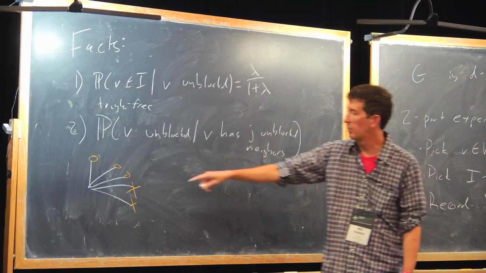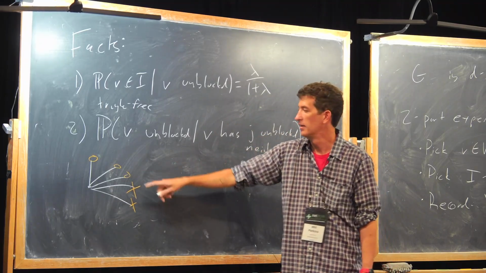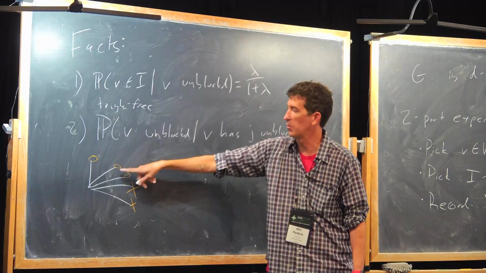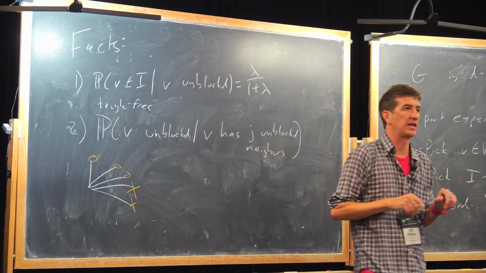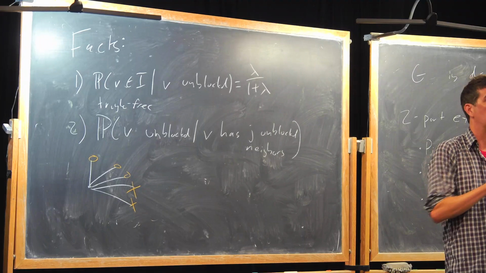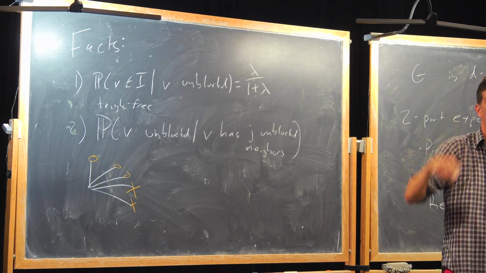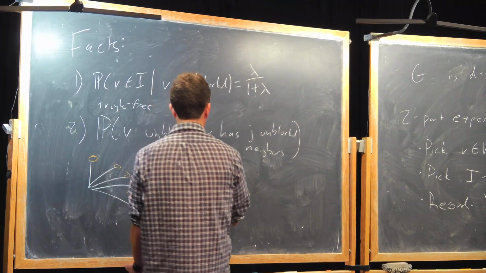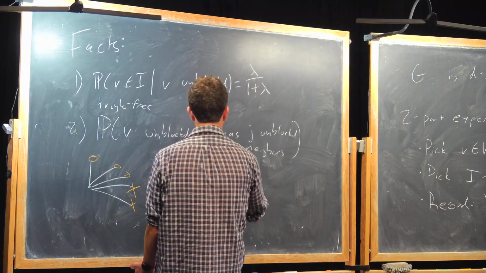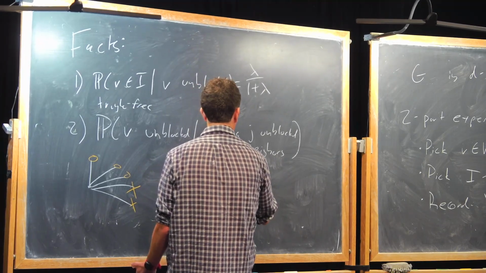And what are the options here? There's a 1 or a lambda, so 1 plus lambda. Well, these are disjoint, so 1 plus lambda, 1 plus lambda, 1 plus lambda. And what is the weight of the configuration that we're interested in? Well, it's the completely unoccupied configuration, so that's 1, 1, 1, 1, 1. And so I'll write the answer, and then you can think about it. It's 1 over 1 plus lambda to the j.